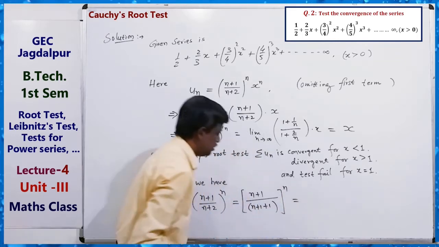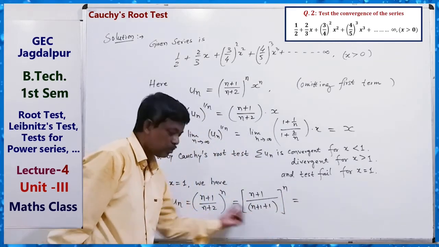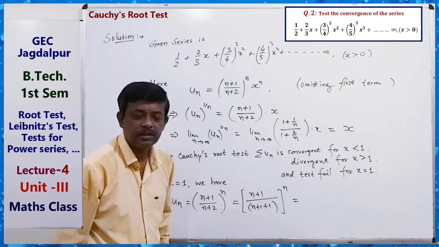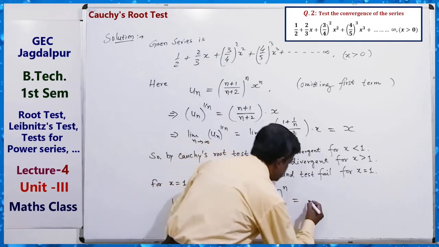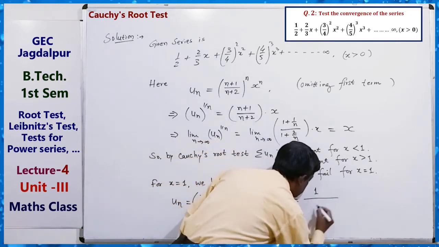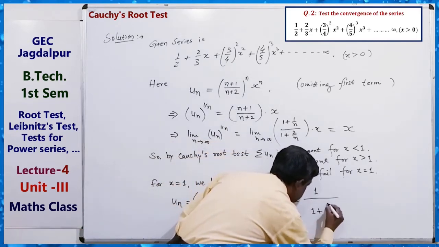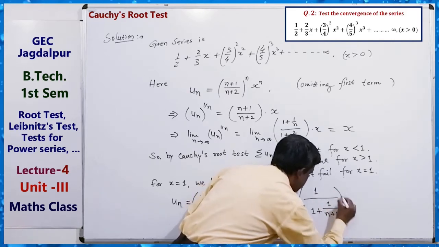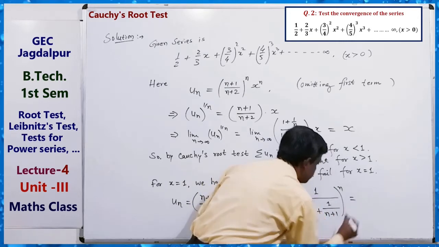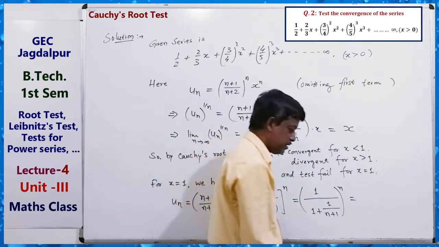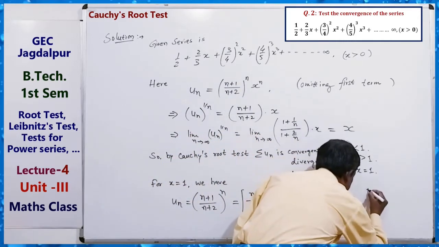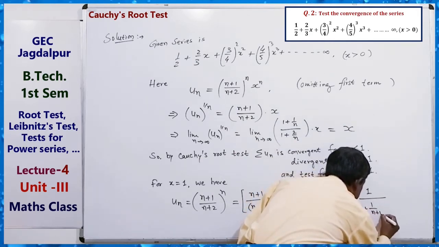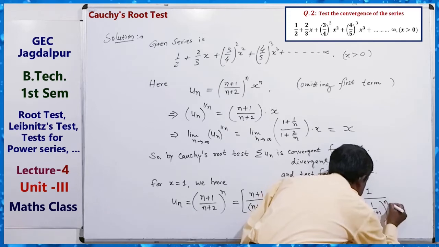This equals what? Just taking n plus 1 common, n plus 1 cancels. So 1 plus 1 by n plus 1, so 1 upon (1 plus 1 upon n plus 1) power n. That is, 1 upon (1 plus 1 by n plus 1) power n.